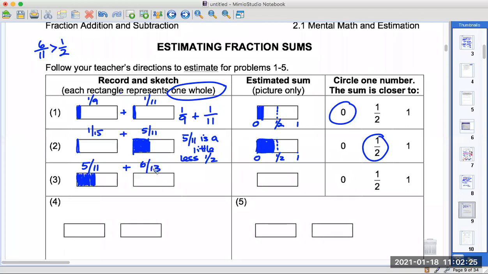And 6/13 is a little less than 1/2 because you got 6 pieces. 6 out of 12 would make it exactly a half, but this is 13, so it's a little less than 1/2.